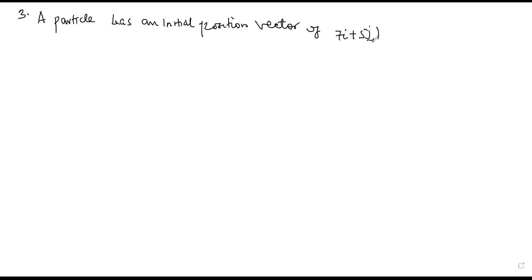A particle has an initial position vector of 7i plus 5j meters.